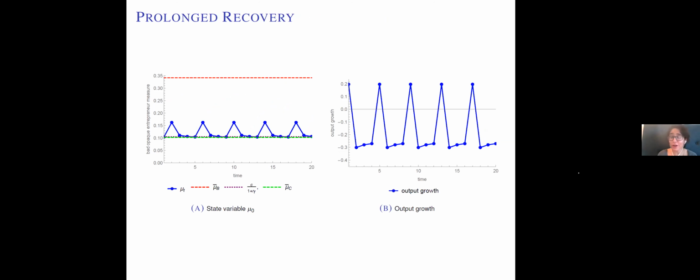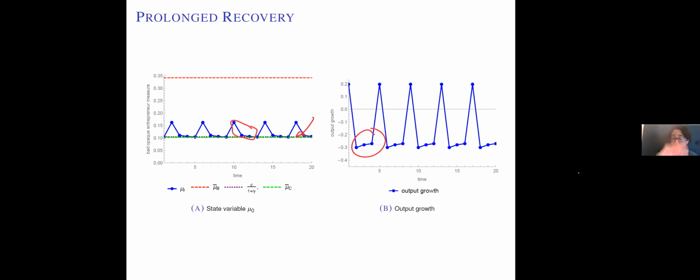There can be prolonged recoveries. So prolonged recovery means a cautious stage which is long. So you can see, these lines are very close. Sorry, this is a very particular set of parameters. While the state variable is above the pink line, which is right above the green line, the economy is in a cautious state and the output growth is negative, although it's increasing.